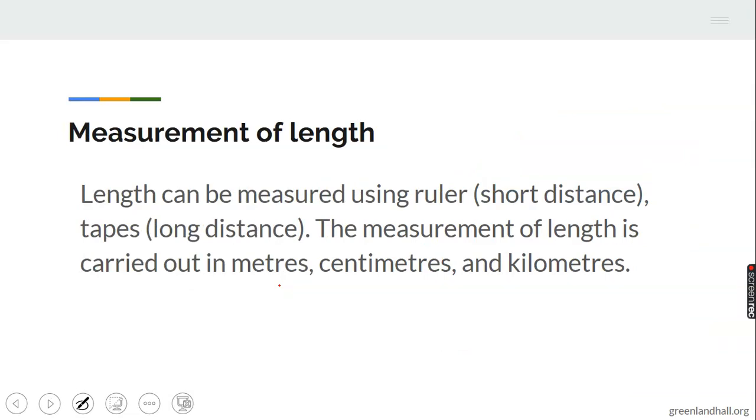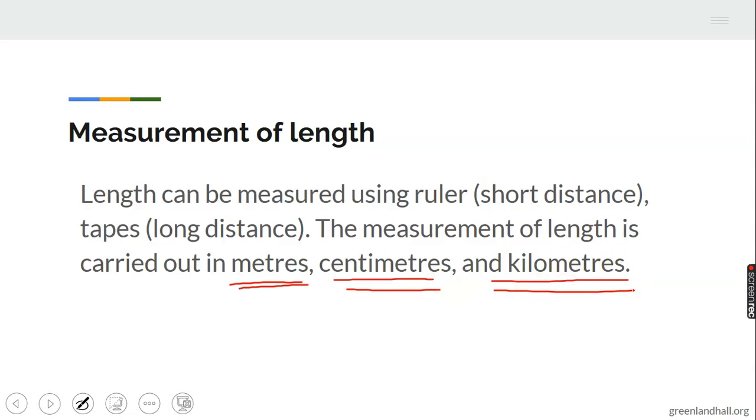Now, measurement of length. Length can be measured using a ruler if it is a short distance, while we use tapes to measure long distance. And the unit of length is always in meters. We have them in meters, centimeters, and kilometers. I traveled 50 kilometers to Ibadan.